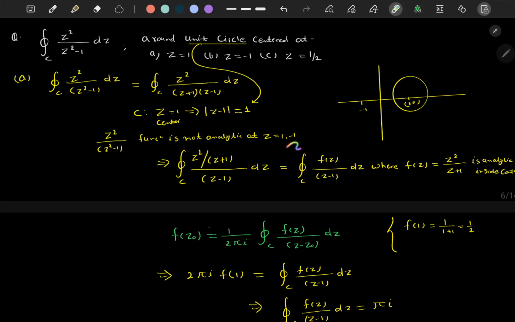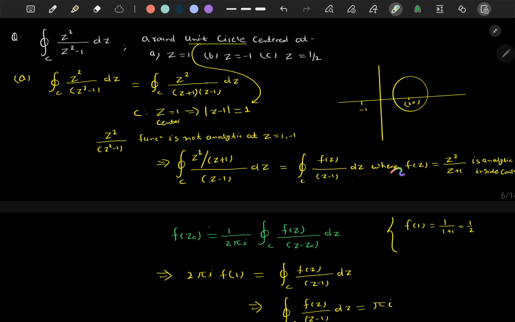It means you have to put in the denominator the point at which the function is not analytic and which lies inside the closed contour C. If both points lie outside, then the integration will be 0. But if one point or many points lie inside the closed contour C, then our approach will be different to solve the integration. So here z equal to 1 lies inside, so z minus 1 will be in the denominator.